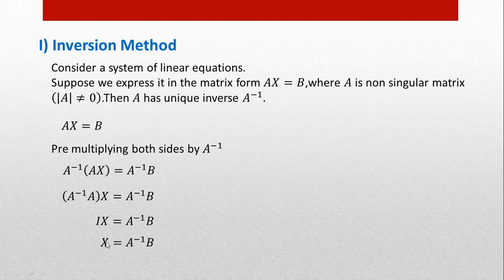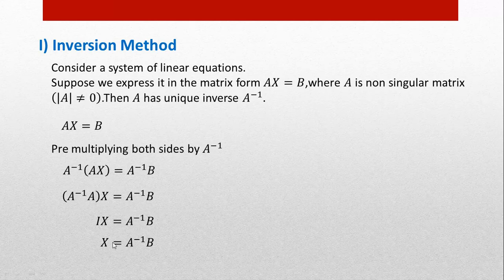Now here X means what? X is the matrix of variables, means you can say it is the matrix of unknowns. And if you want to find out those unknowns, then how will you get them? It is equal to A inverse into B. This is the inverse of the matrix A, into B, the matrix of the right hand side's constants.